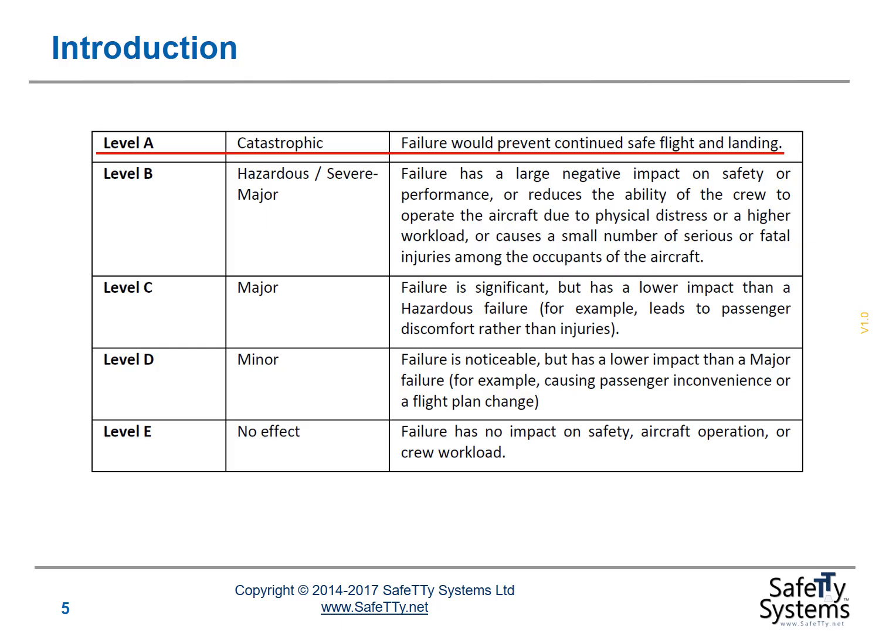It's worth noting level B on this scale as well. This is hazardous severe major. This is the equivalent of an ASIL D or a SIL 3 design in other sectors.